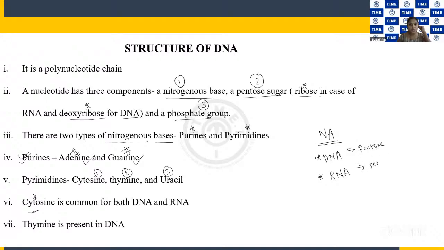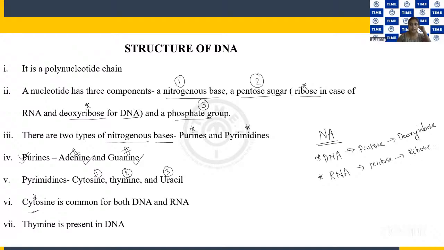The sugar is different in each: deoxyribose for DNA, as already written in the slide, and for RNA the sugar's name is ribose.